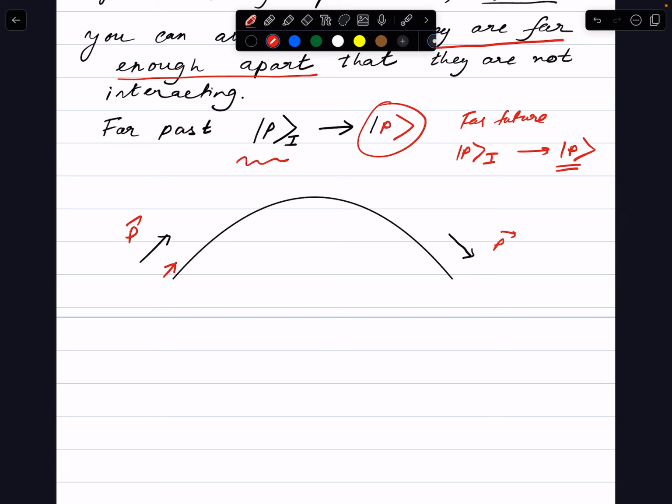Then it interacts with gravity, and at the end we can also think of this as a free particle with some momentum. Or you could think of an example where I throw a free particle, and then at some point I switch on gravity, and it has some trajectory, and then at some point I switch off gravity.